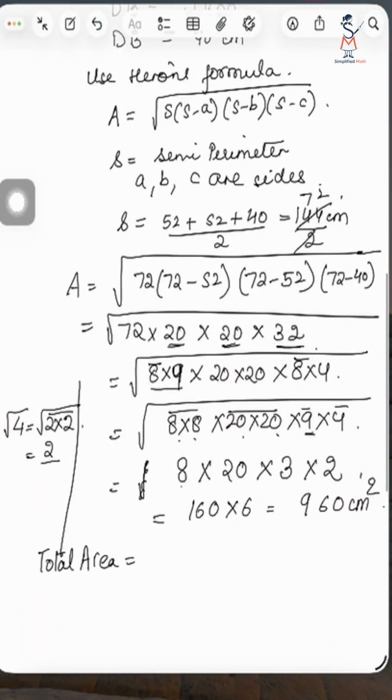The area of triangle ABD was 384 and the area of triangle BCD was 960. So this will total come out as 1344 centimeter square. So this is my area of the quadrilateral.